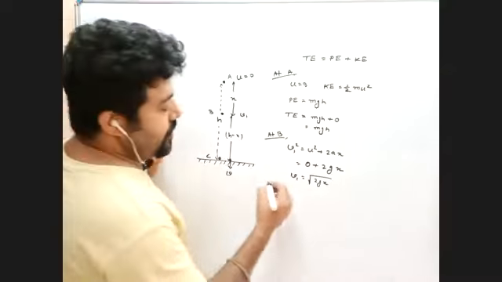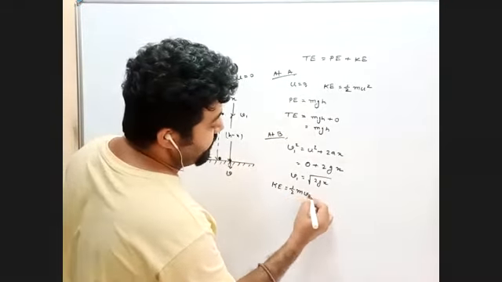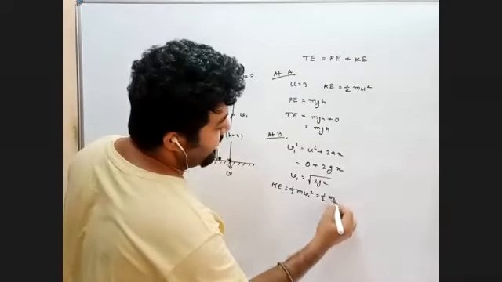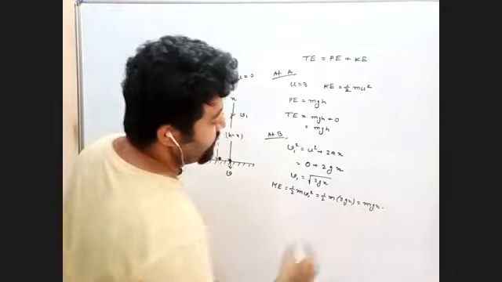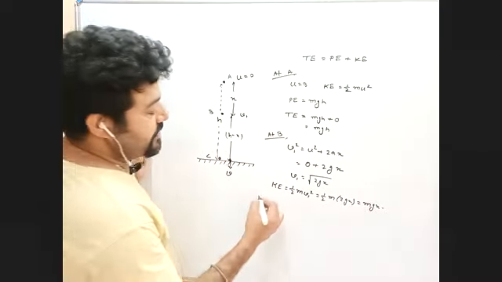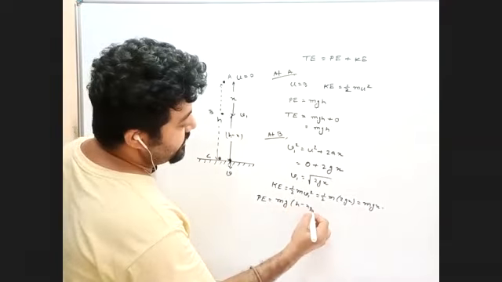Yes, sir. So what about the kinetic energy? Kinetic energy is half mv1 square, that is half m into 2gx, that is mgx. What about the potential energy? Potential energy is mg(h minus x).